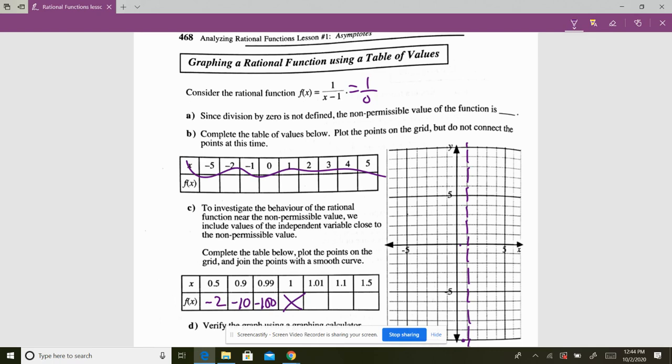Negative 1,000. So what's happening is as you move closer to this line from this direction, the graph is accelerating down. It's going crazy. Every little increment I get closer to 1, the graph's value decreases dramatically.